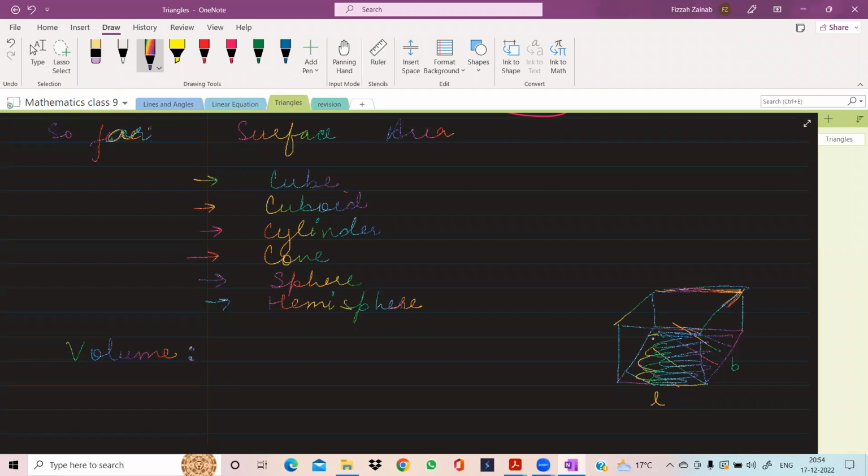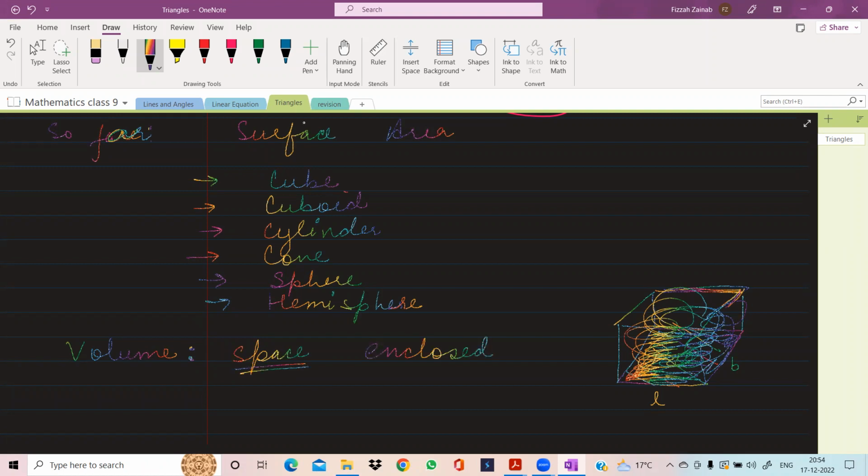Earlier we were only finding the base area. Now it is enclosing some space inside it, isn't it? So that enclosed space is called volume. That means the complete thing which is inside it, this much is volume. So it is the space enclosed, not the area.